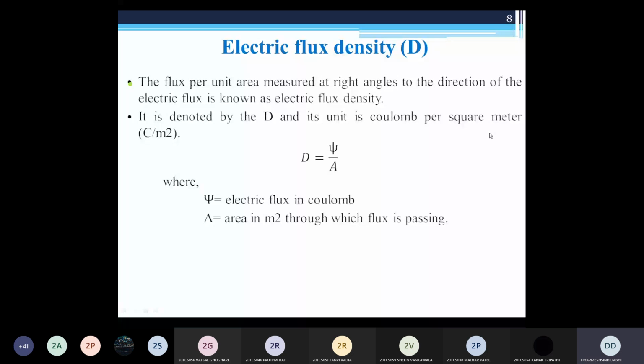So you can see the equation D is equal to psi divided by A. Psi is the symbol of electric flux. So it is flux divided by the area in square meters through which this flux is passing at right angle to the electric field. As per the definition, D is equal to flux per unit area. Clear?